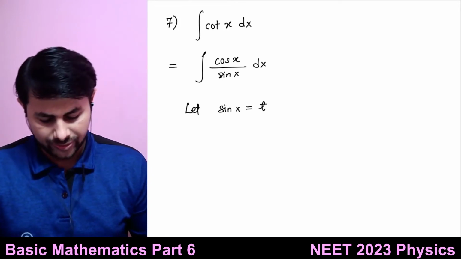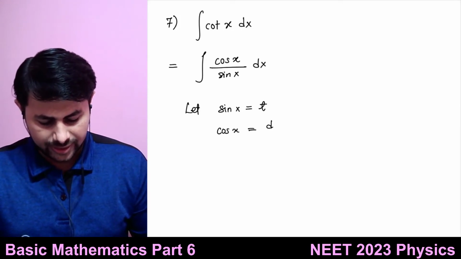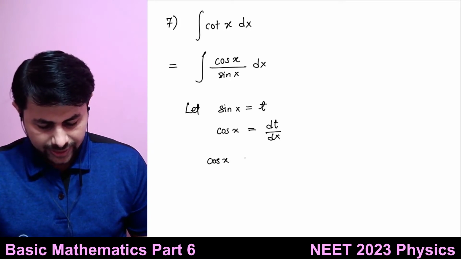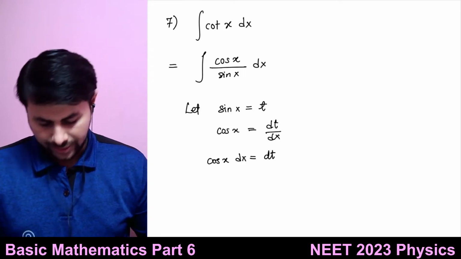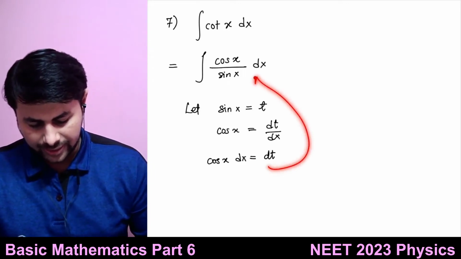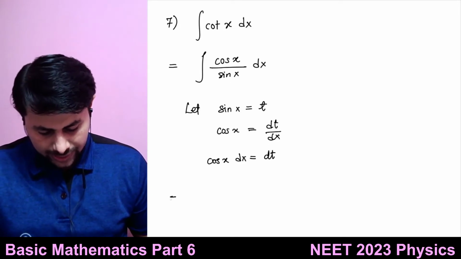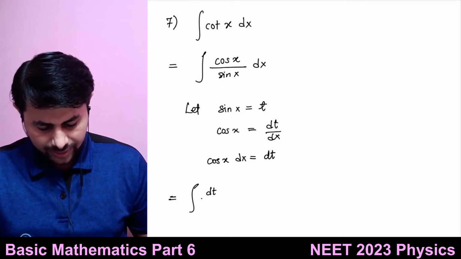So its derivative will be cos x, okay, is dt by dx. So cos x dx is equal to dt. And if I substitute that over here, what do I get? I will get integral of dt by t.